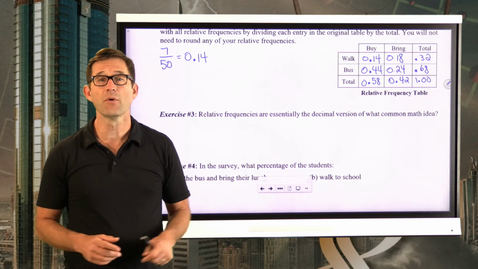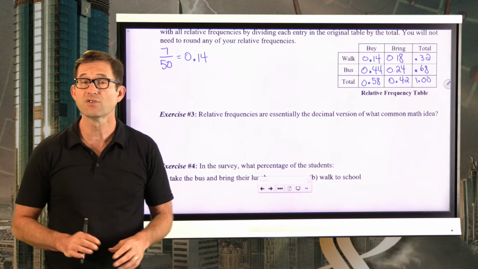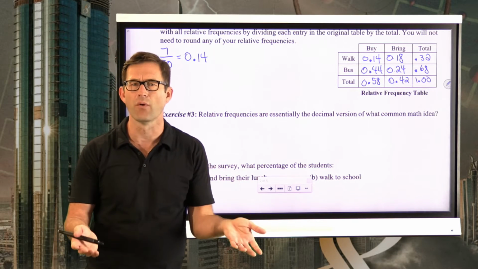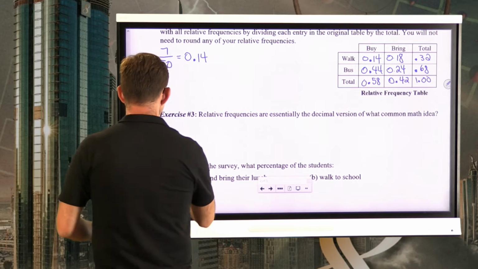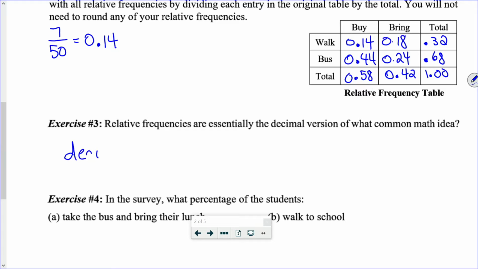So these are all the decimal versions of percentages. These are all percentages, but the decimal form of them.